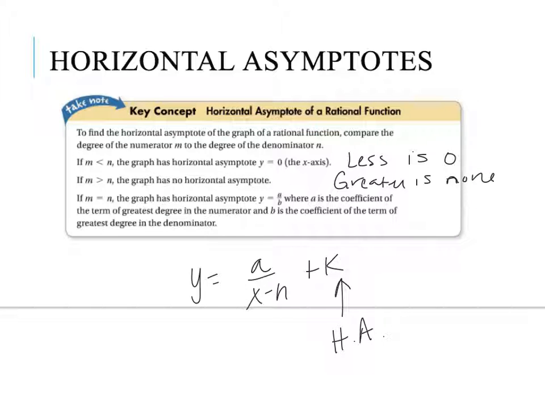And then equal is the coefficient of a over b. So your leading terms' coefficients, that would be your horizontal asymptote.